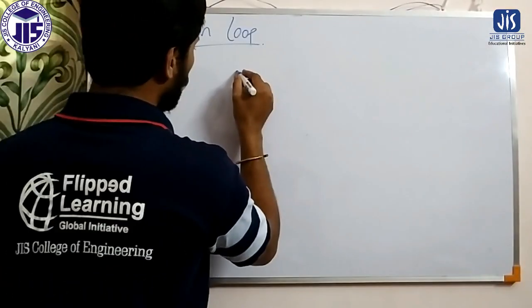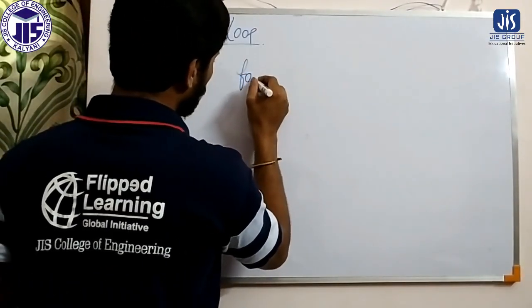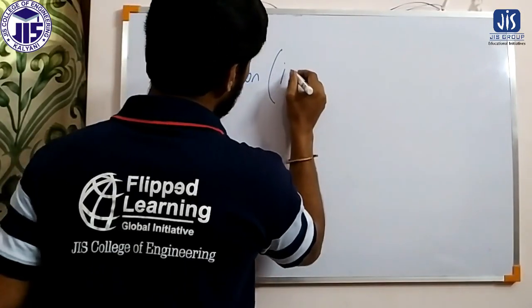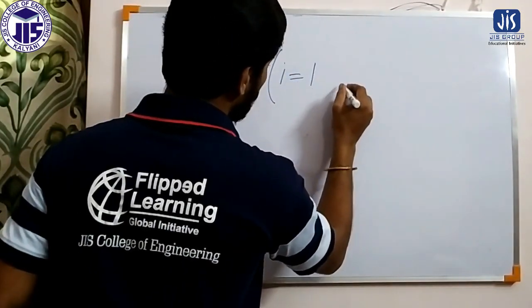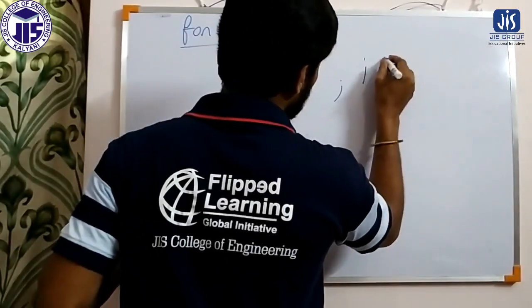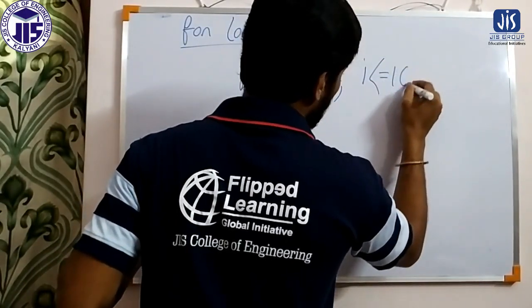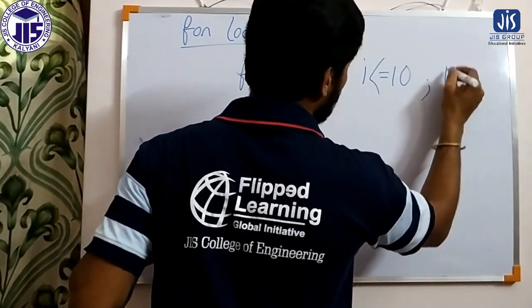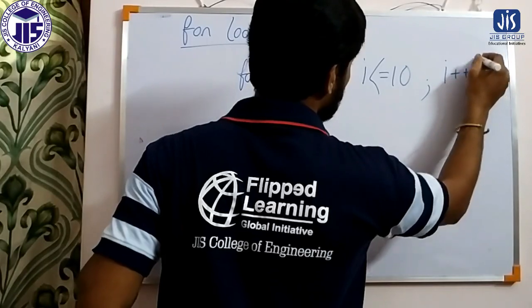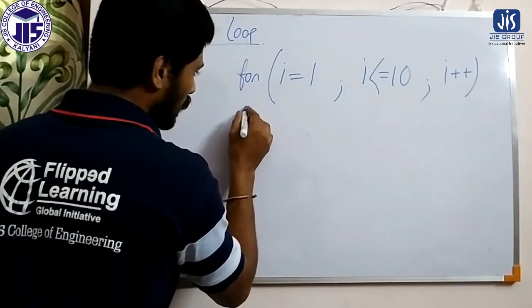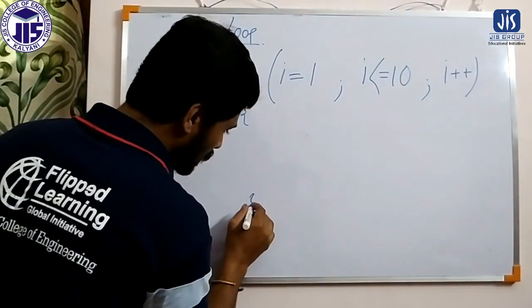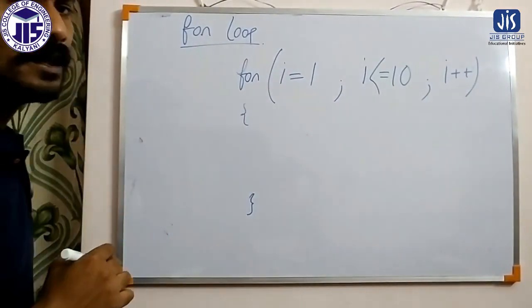So if I perform a particular operation for I equals to 1 semicolon, I less than equals to 10, that is my condition, then I plus plus, which is my increment operation, and this parenthesis is basically representing the body of the loop.